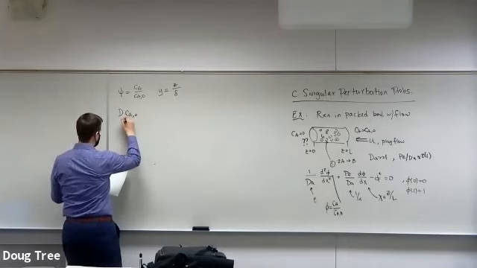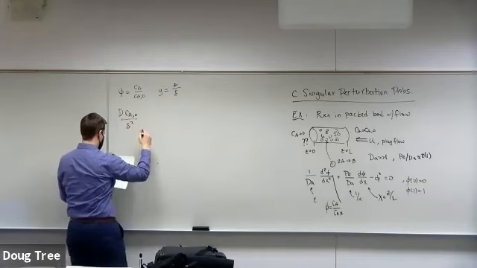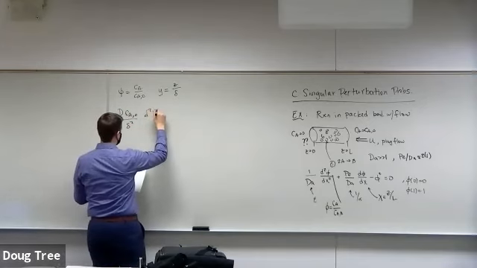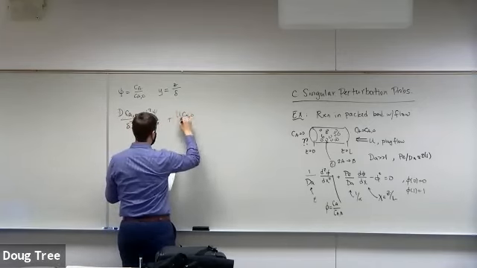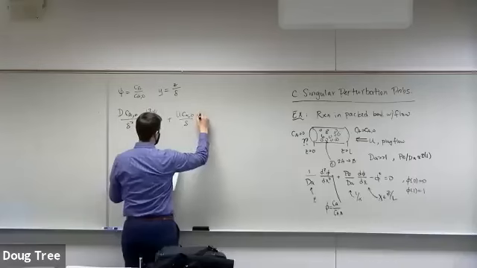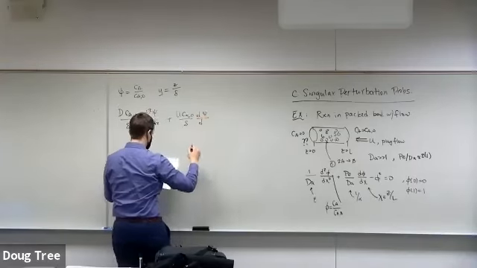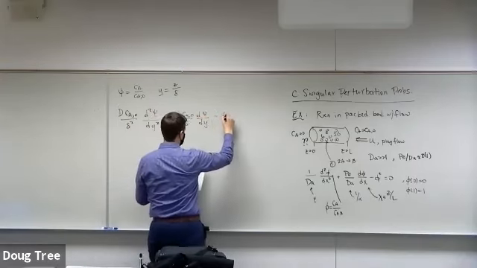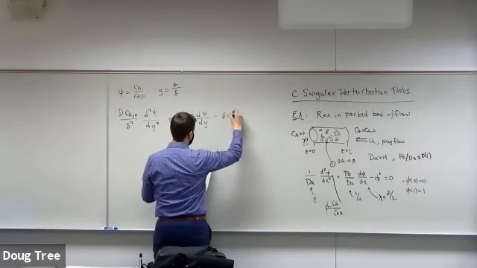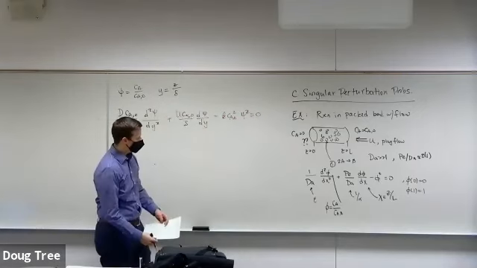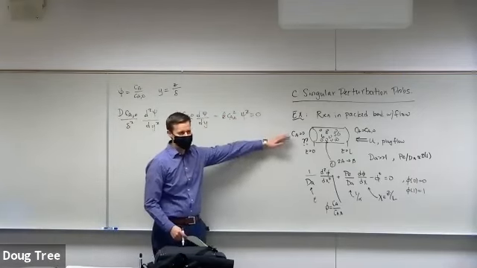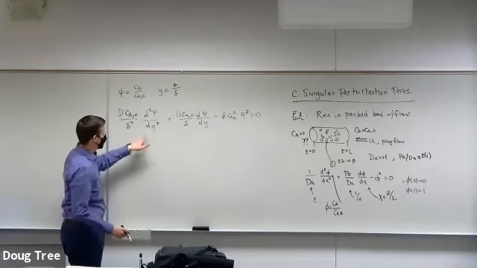We're going to get D CA naught divided by delta squared, d squared psi dy squared, plus U CA naught divided by delta, d psi dy, minus k CA naught squared psi squared equals 0. I guess I didn't write up the original differential equation, but you can recognize it if you remember.